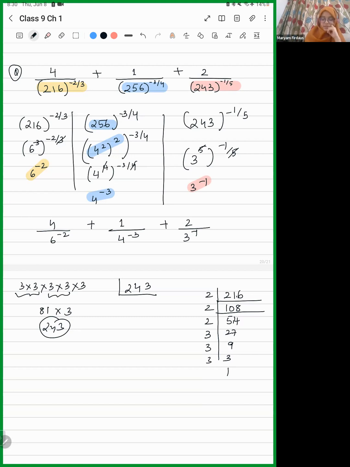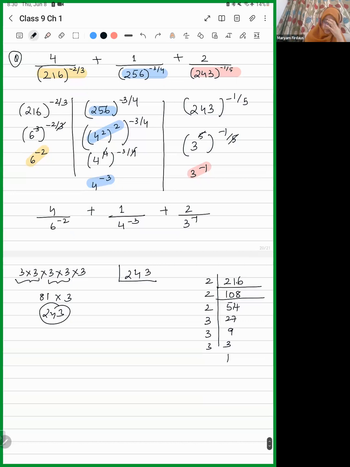Now since these are minus signs in the power, what happens? Now they go up, they go into the numerator. Then tell me what should I write over here? 4 into 6.